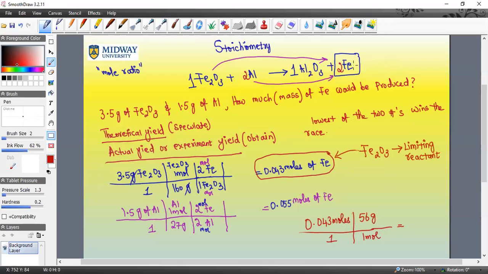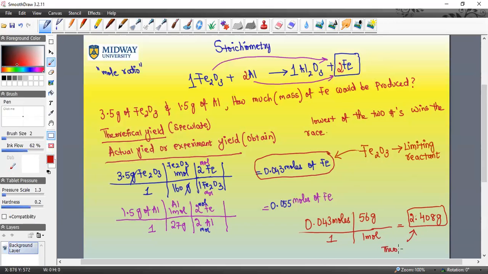Now, if this were a compound, then you would determine the molar mass of that. But here it's just iron, so it's 56. So it's 0.043 times 56. So that's 2.408 grams. This is the theoretical yield.